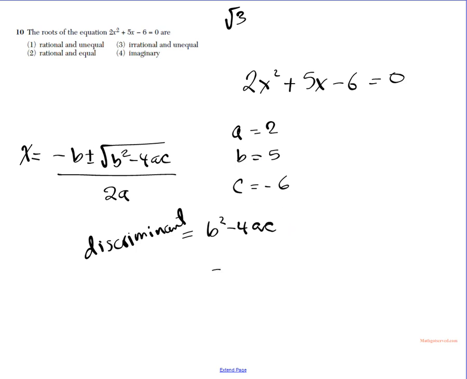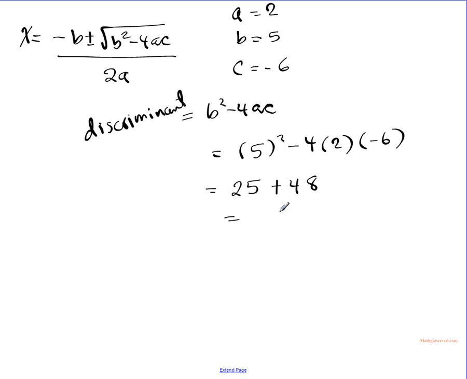All right, so if I work this out, I'm going to have 5 squared minus 4 times 2 times negative 6. What on earth am I going to get here? Let's work it out. 25 plus 4 times 2 is 8 times 6 is 48. And that comes out to, oh yeah, 73.